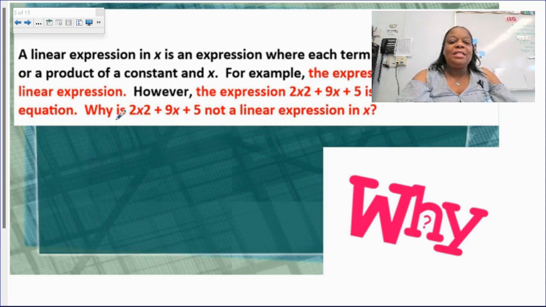Now it says y is 2, so let me change my color real quick. This should be 2x squared plus 9x plus 5. And it says, why is this expression not a linear expression? All right, hopefully you guessed it, and it was because of this exponent raised to the second power, okay?